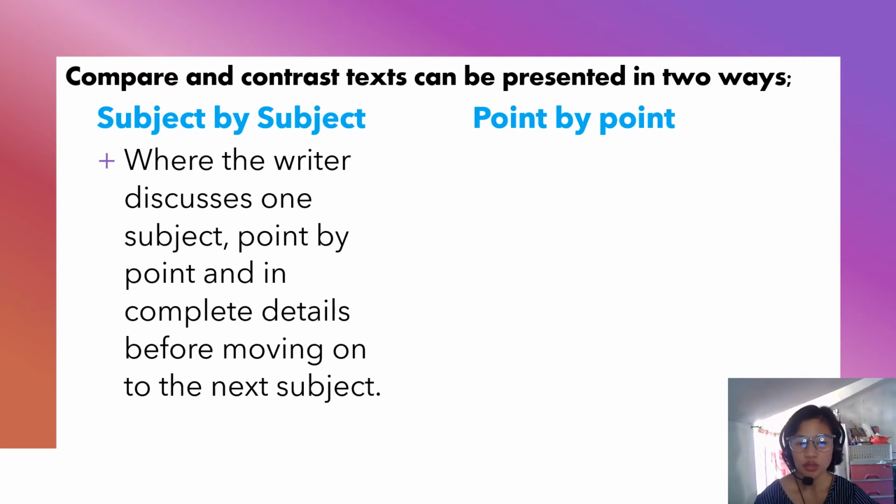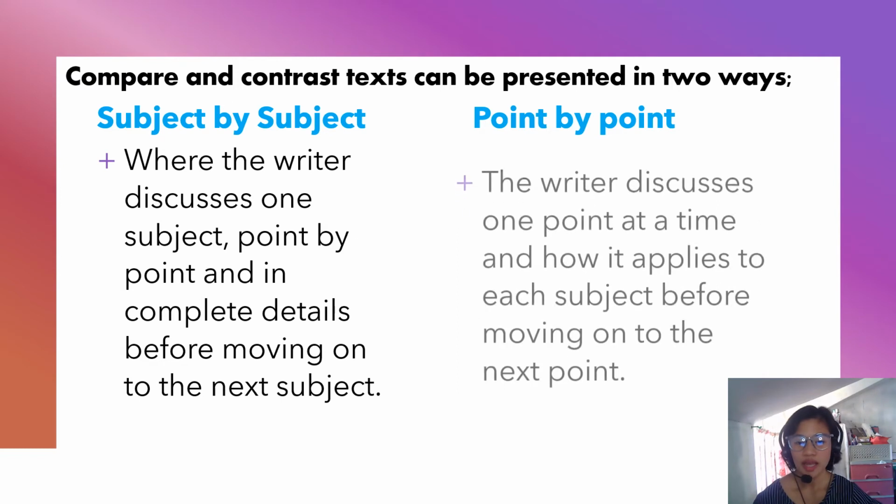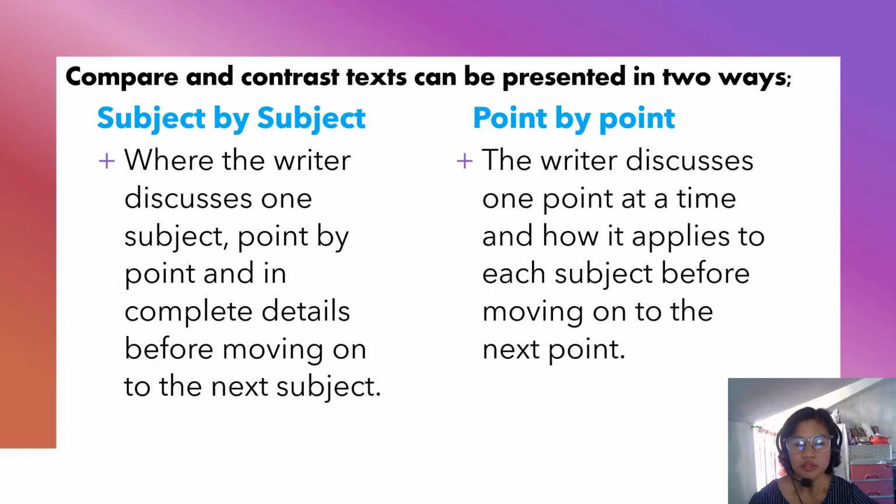So here, you first think of the characteristics of the first subject before going on to the next subject. Next, point by point, the writer discusses one point at a time and how it applies to each subject before moving on to the next point.